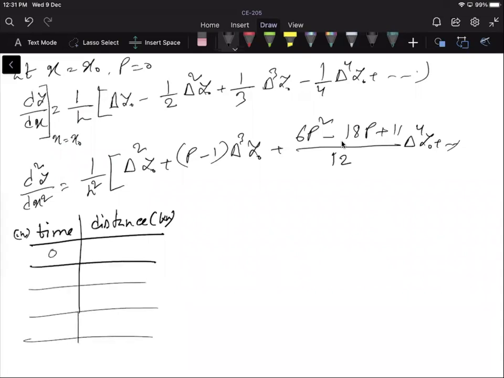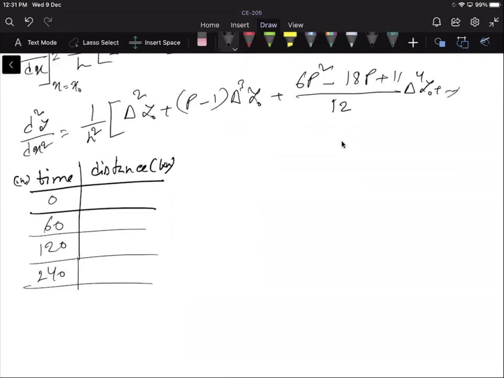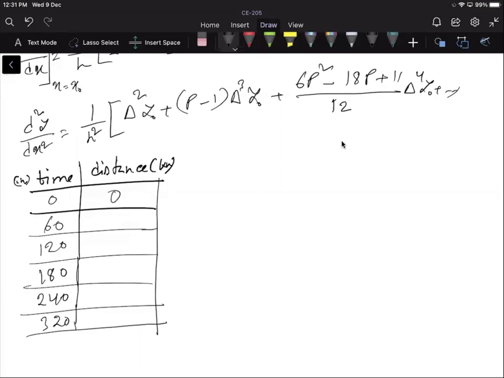So time starts from 0, after 60 minutes, after 120 minutes, 180, and 240, 320. So this is a set of data with corresponding distances. You may find at the initial time it's in your station, and then it goes up to suppose 40 kilometers.